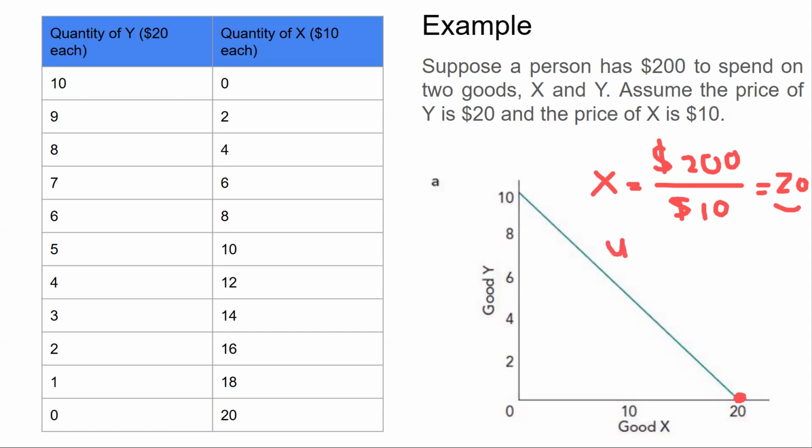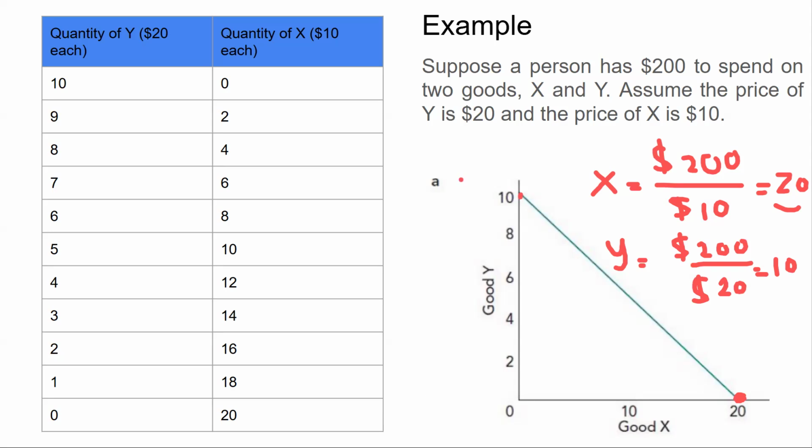But if you are only going to purchase goods Y, that means $200 will be divided by $20 because the price of goods Y is 20. So you can purchase 10 here. That is called the maximum quantity of goods that you can purchase with the given budget.